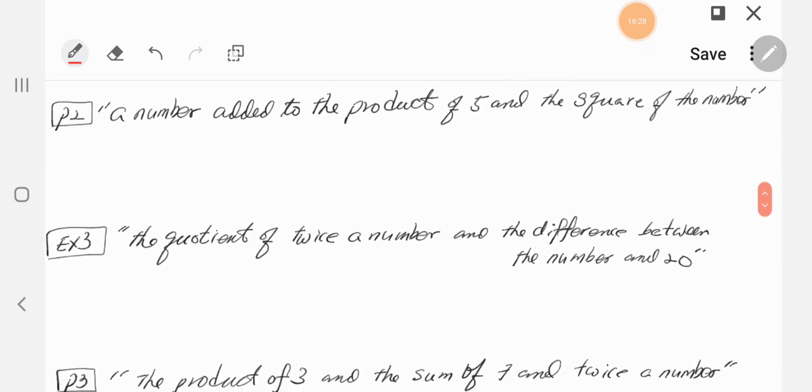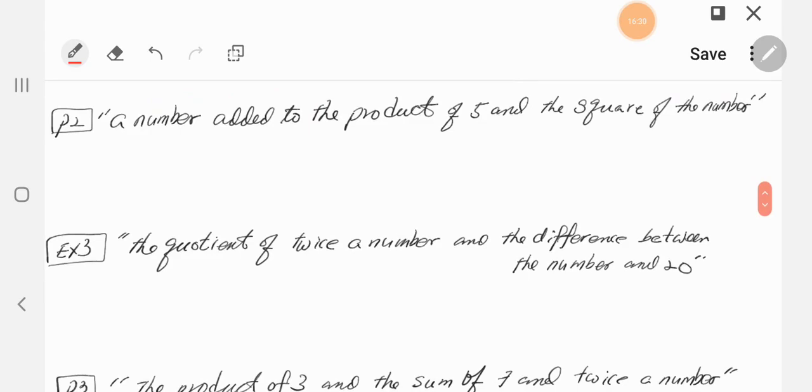Okay, let's try this P2. For the problems, you can pause this and always try by yourself. All right. A number, so I'm going to let this number be a variable x. So x added to, this is a special case, isn't it? Special case.